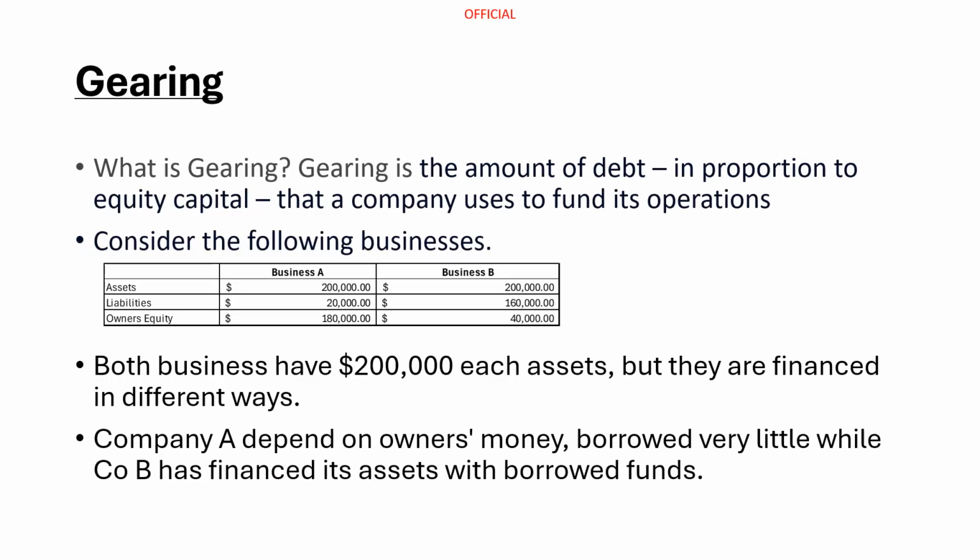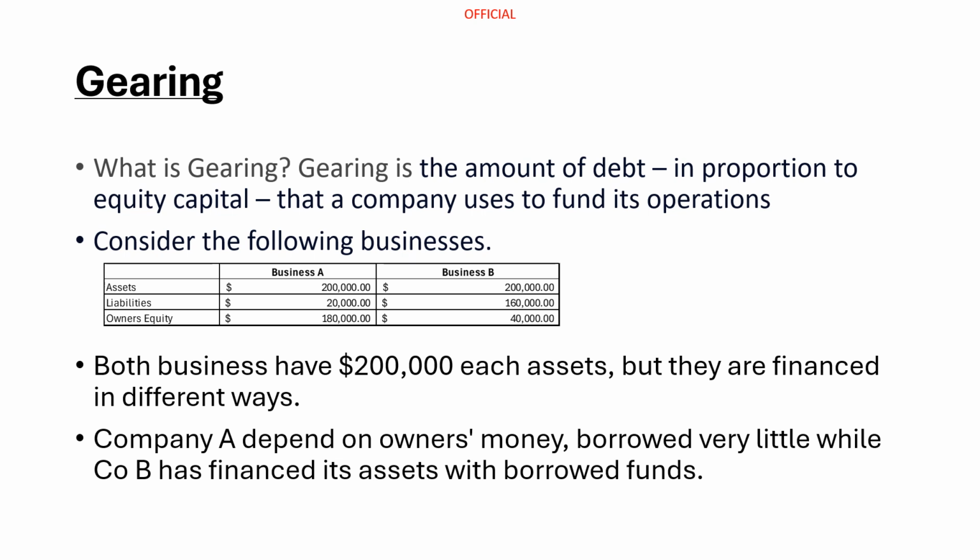So let's talk about gearing. Gearing refers to the level of a business's debt compared to its equity capital. It shows how much a company relies on borrowed money to finance its operations.